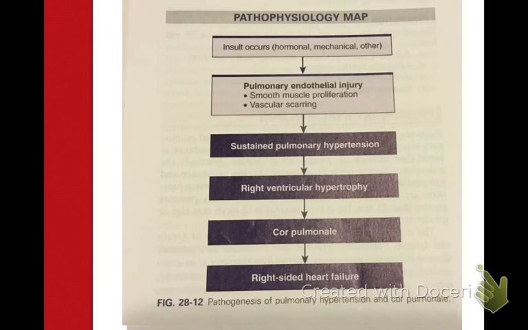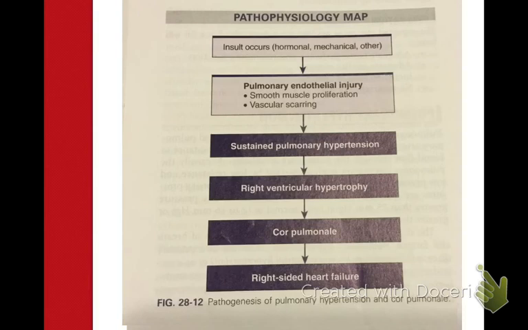What happens is an insult occurs, whether it's hormonal or mechanical or other, and then the pulmonary endothelial injury happens, and then you have sustained pulmonary hypertension, which leads to right ventricle hypertrophy, which leads to cor pulmonale, which leads to right-sided heart failure. So I thought this was a very important pathophysiology map about what we've just talked about.